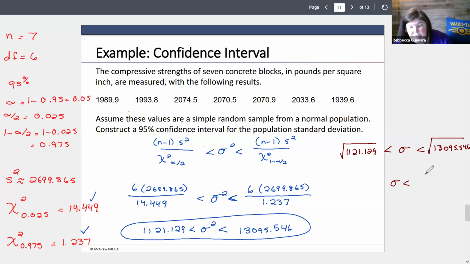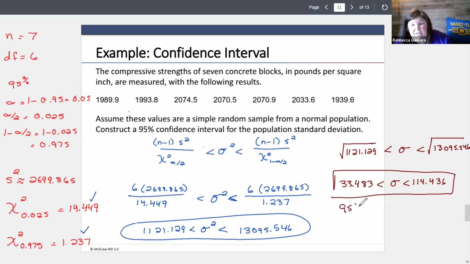So sigma is going to be between 33.493 and 114.436. So that is my 95% confidence interval for my population standard deviation.